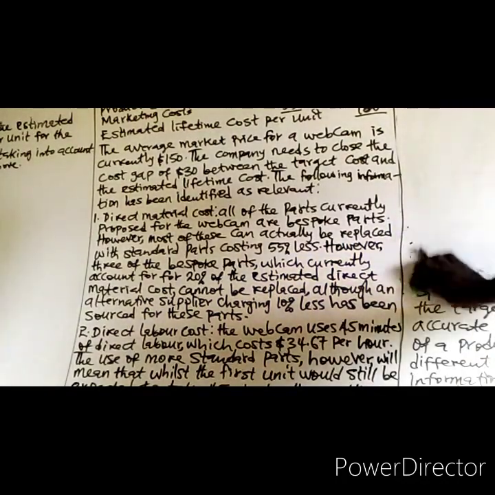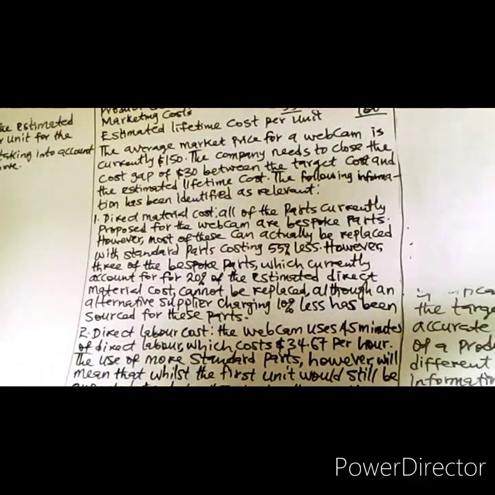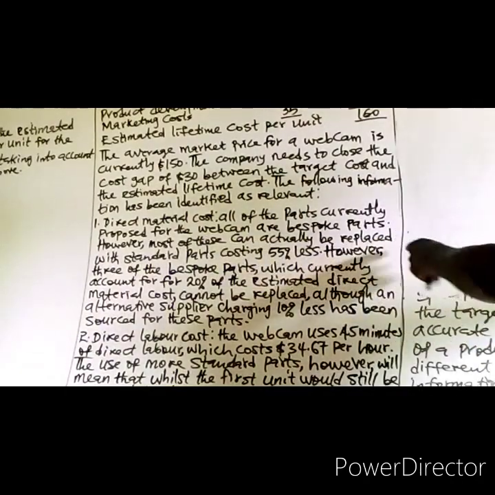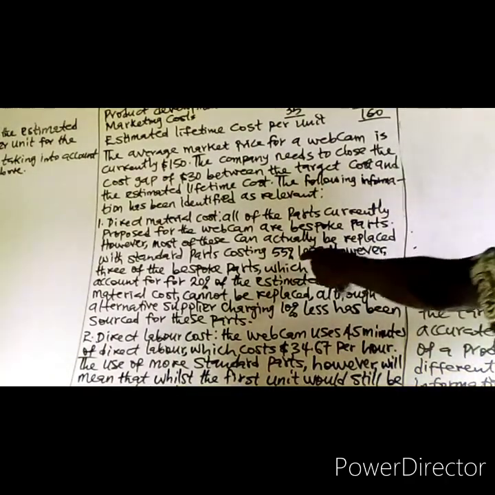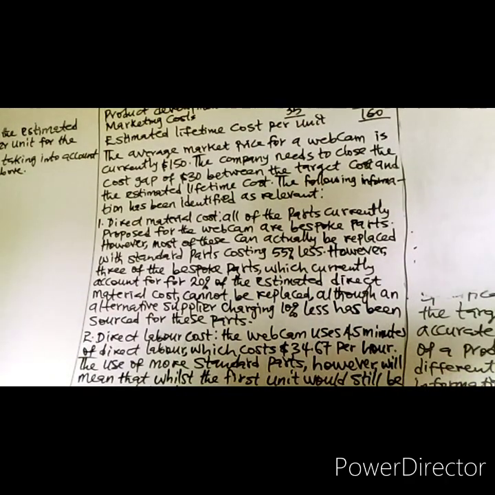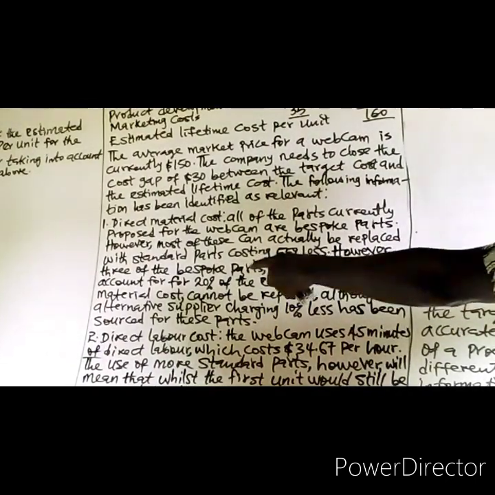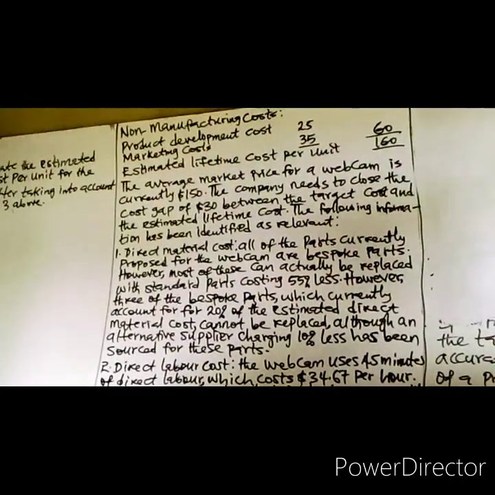All of the parts currently proposed for the webcam are bespoke parts. However, most of these can actually be replaced with standard parts costing 55% less. However, 3 of the bespoke parts, which account for 20% of the estimated direct material cost, cannot be replaced.